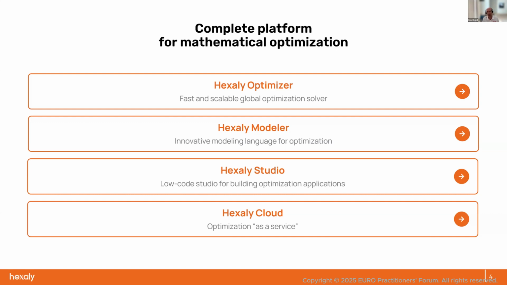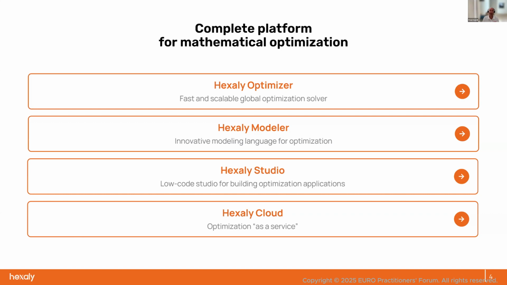Our goal is to offer an environment which streamlines the development cycle of people building optimization applications using Hexaly. We launched it 3 years ago, and it has been adopted by companies like Renault, Airbus, and Veolia in France especially.